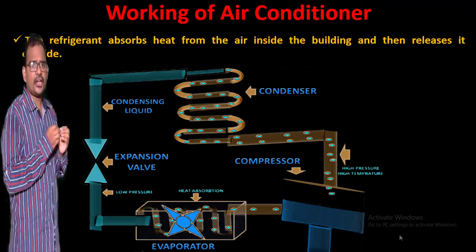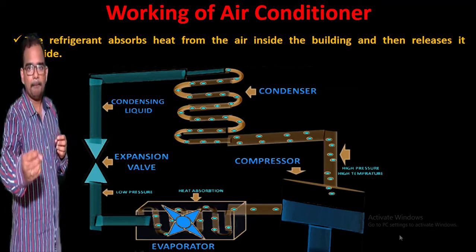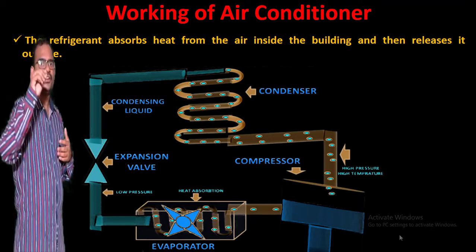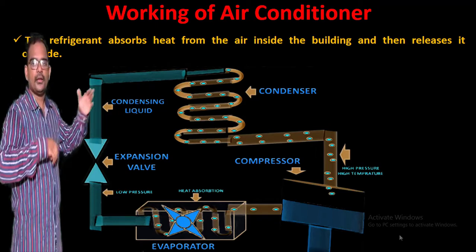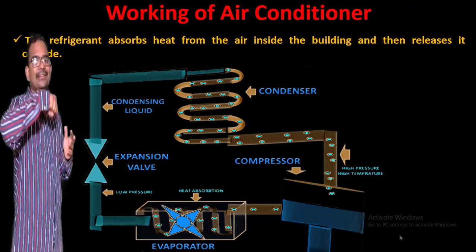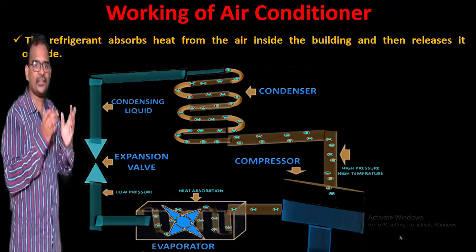So the refrigerant absorbs the heat from the air inside the building and then releases it outside. As I told you, the refrigerant is similar to a wipe. How the wipe will absorb the water and bring it to the outside, similarly the refrigerant also will absorb the heat inside the room and take it to the outside. And thereby the room gets cooled.